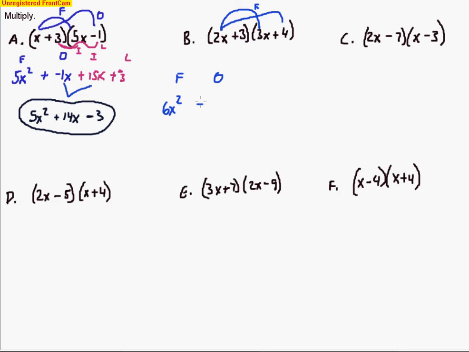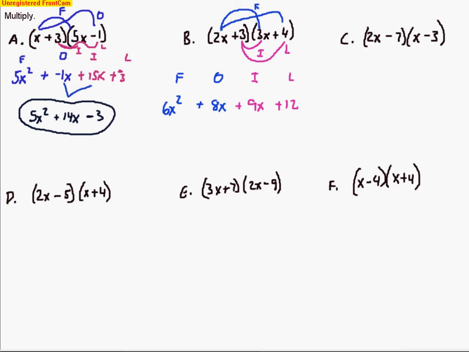So that gives us an 8x. Now we move on to the inside terms. We're multiplying 3 by the 3x. Those are our inner terms, and that makes a positive 9x. Now the last terms, the 3 and the 4, we multiply, and that makes a positive 12.